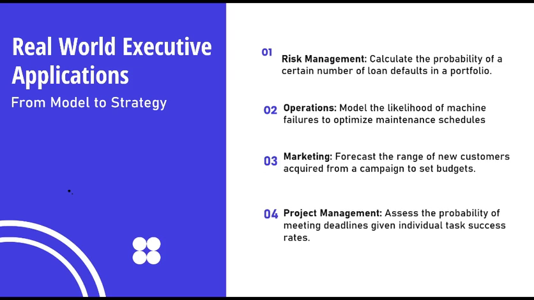My previous success rate can be used to find out how many jobs I can complete within a given deadline. So these are different ways in which projects, risks, etc., can be managed. These are the places where you can gainfully apply the binomial distribution in a business setup.